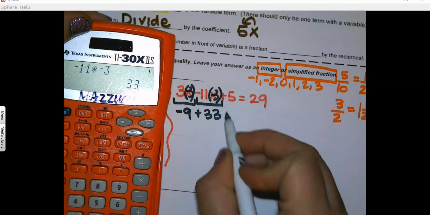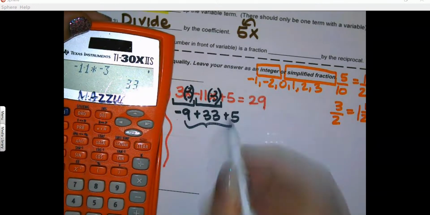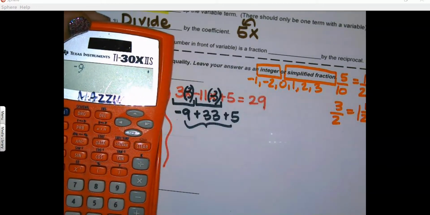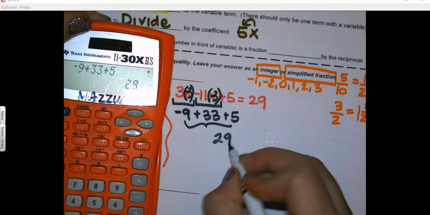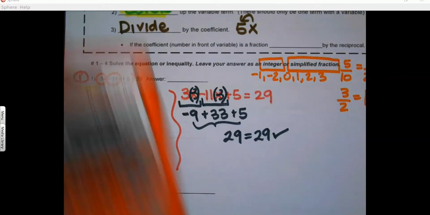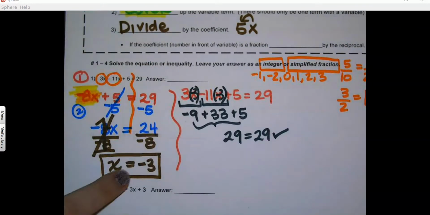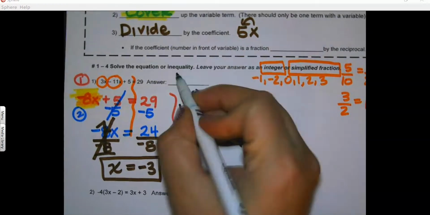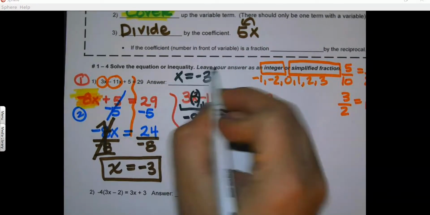And then I'm going to bring down the +5. And then I'm going to combine this all together, -9 plus 33 plus 5. And we get the same thing on both sides. So then I'm happy and I know that this answer is correct. So it is x equals -3.